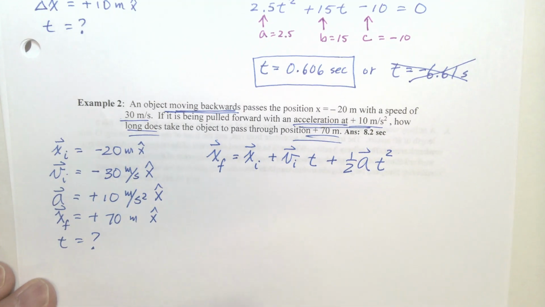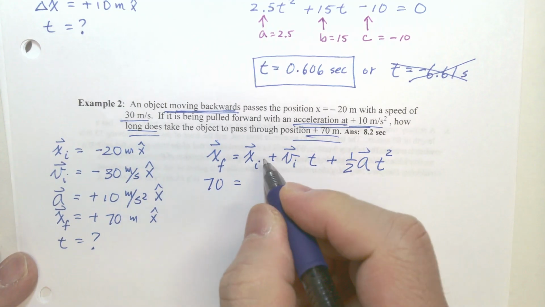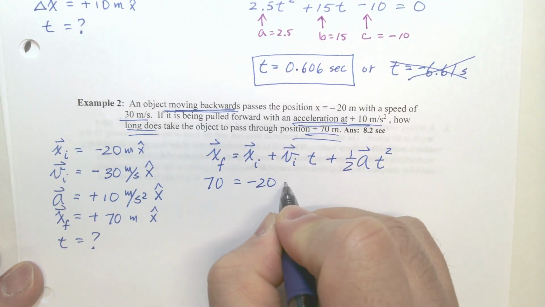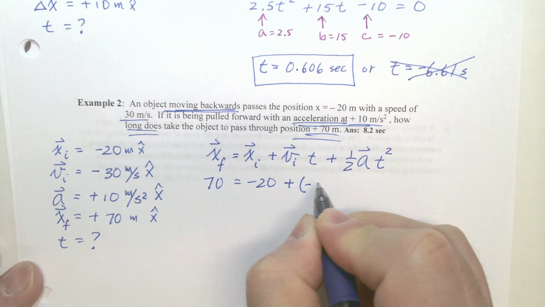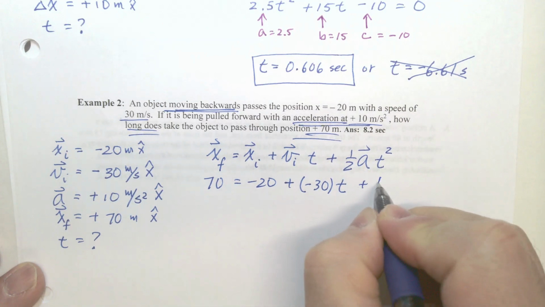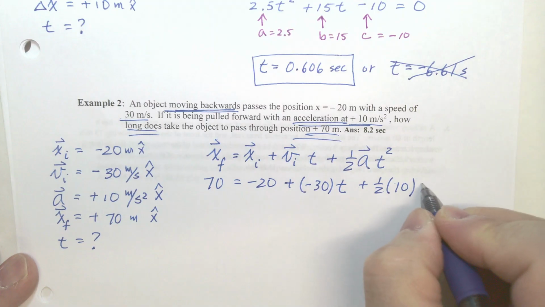Now you plug and chug. Your x final, 70 meters. Your x initial, negative 20, plus negative 30 times t, plus 1/2 times positive 10 times t squared.